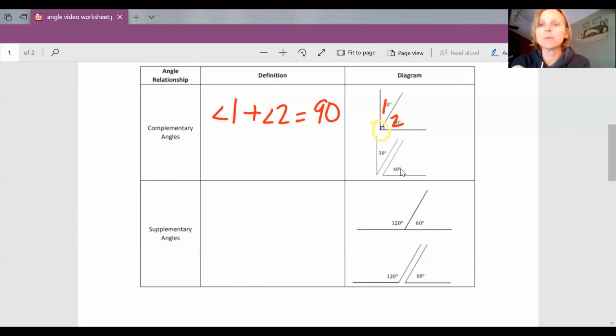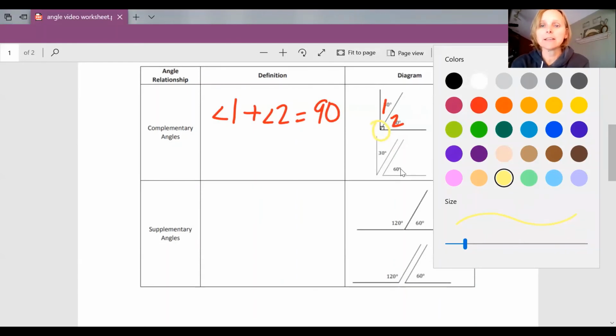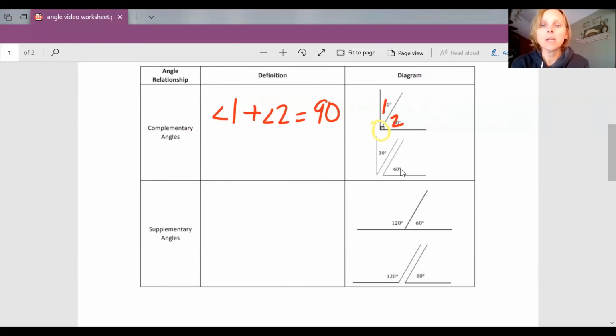So just like we did in the last one, let's give this angle, we'll call this, oh, I don't want it to be yellow. We'll make it another color. Let's make it purple.